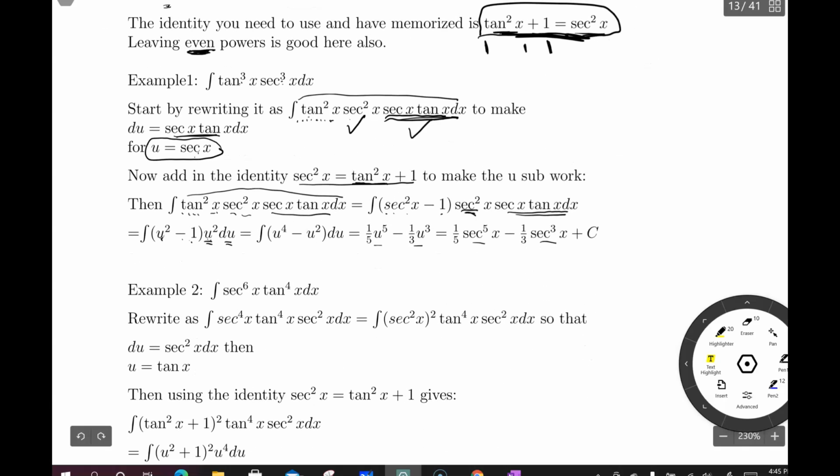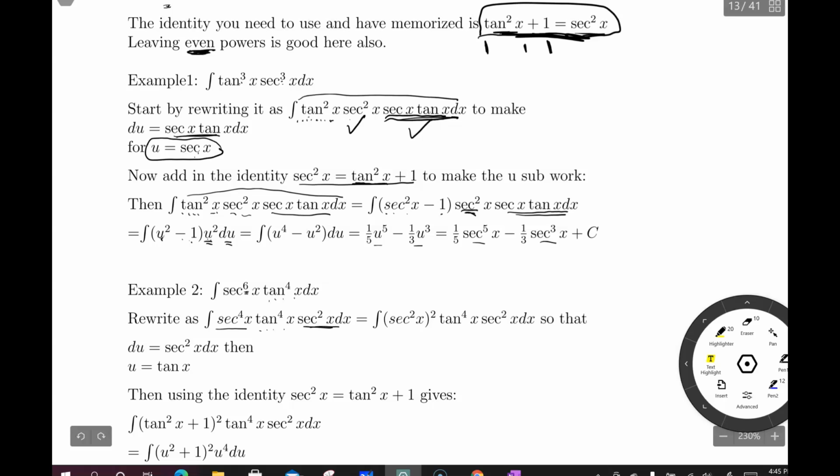All right, so this one here, secant to the 6th, tangent to the 4th. All right, I see even powers. So I'm thinking that I want to take a secant squared off because I want to leave even powers. So I'm going to take this secant to the 6th and break it into secant to the 4th, secant squared. And this guy just carries along for the ride.